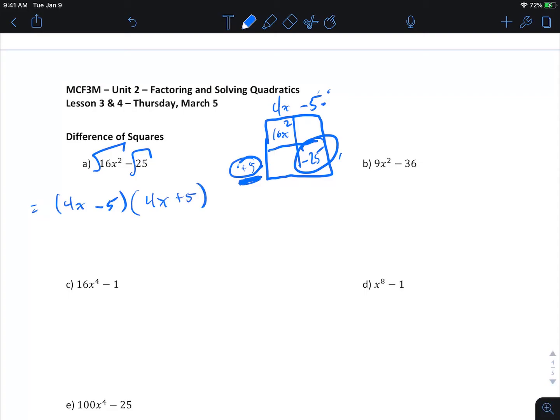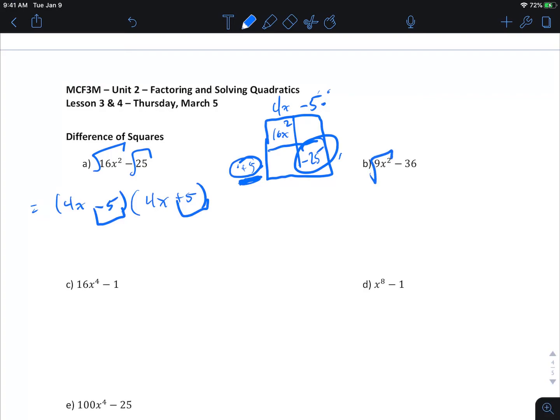That's difference of squares. Almost identical to a perfect square trinomial, except they're opposite signs. So now we can just rip through these kinds of factorings. Let's do the next one.